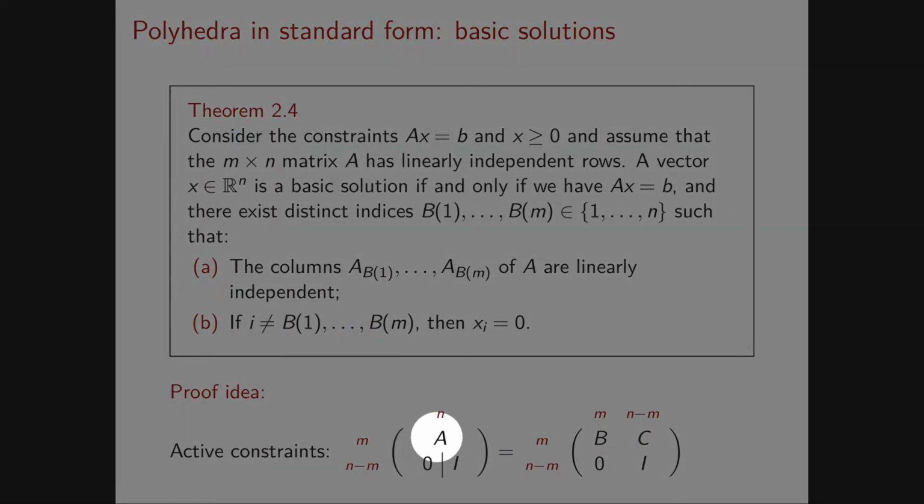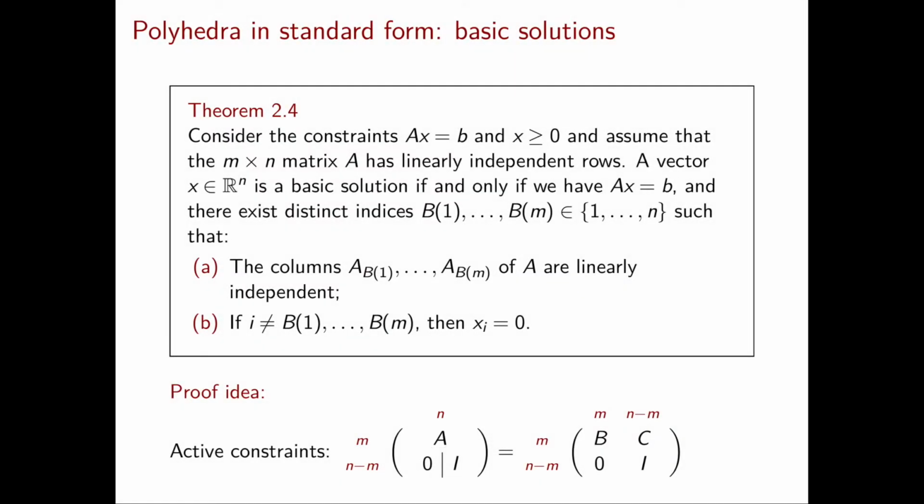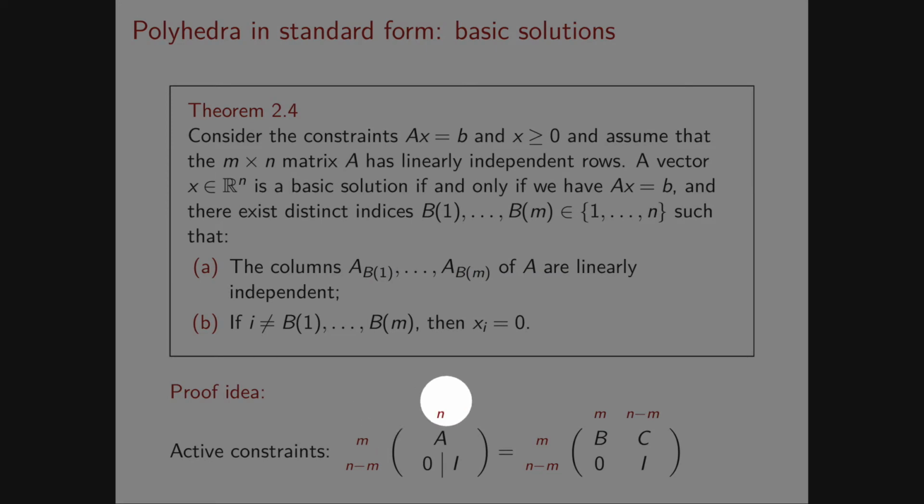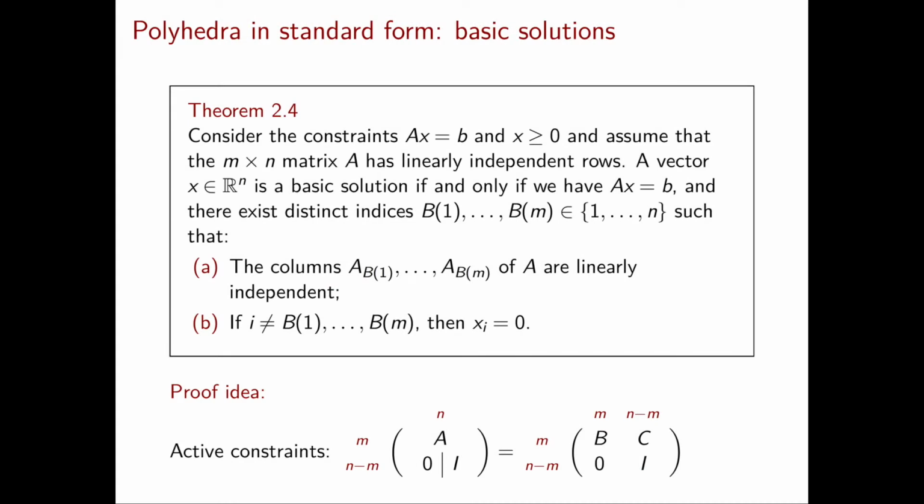So let's write the matrix A here. Now A has m rows and n columns, and below A I want to write the left-hand sides of the other inequalities that are active at a specific basic solution. We have just said that all these constraints have a left-hand side that is exactly xi for some i. So every such row is a unit vector.